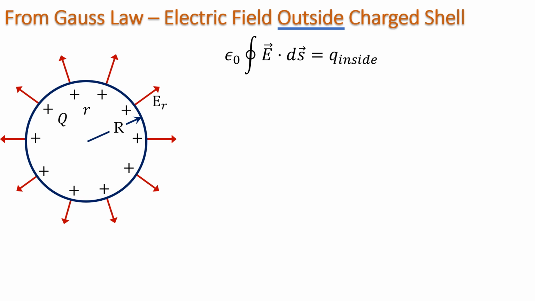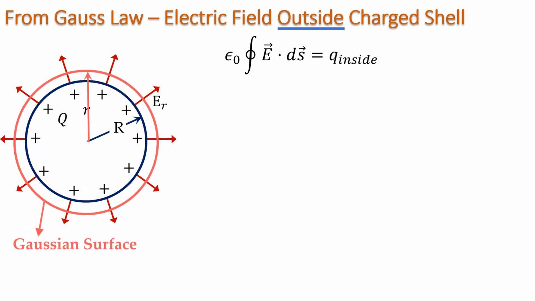Let us now solve for the electric field outside of the charged shell. For this, we create a Gaussian surface as a spherical shell enclosing the charged spherical shell with the same center. The radius of the Gaussian sphere is larger than the charged shell.